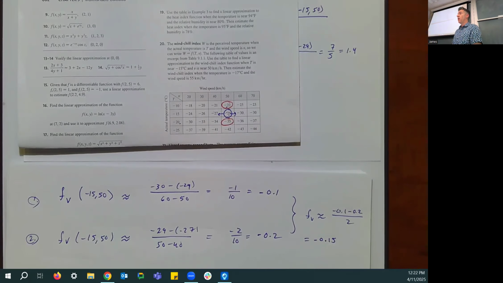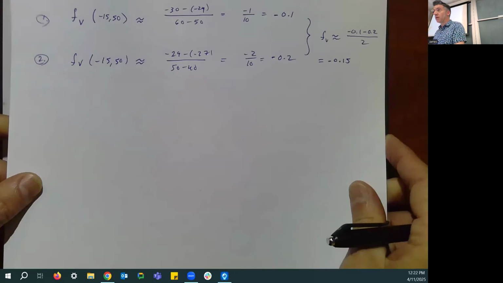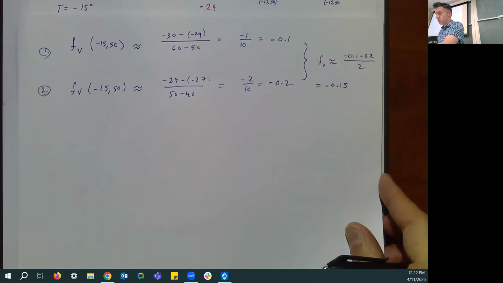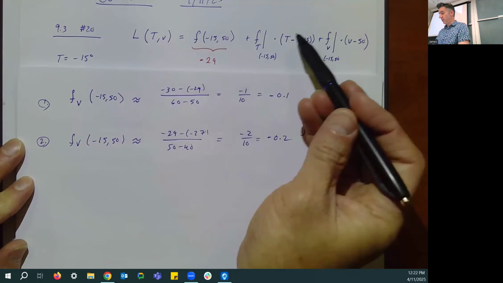Or, if we increase the velocity by 1 kilometer per hour, we will decrease the wind chill factor by 0.15 units. We finally have all the information we need to write the linearization. So now we're going to go back to the thing we said in the beginning. The linearization was going to be that, and fill in all the values.